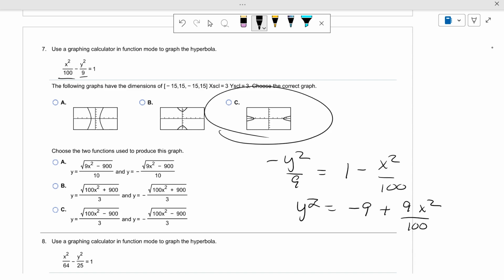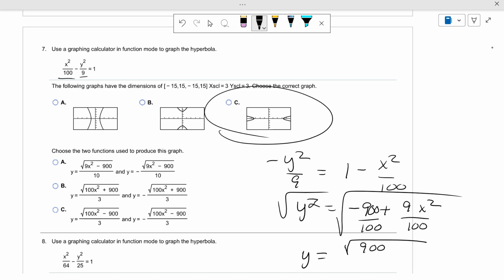And then get a common denominator, so this would be 900 over 100. Take the square root of each side. So y equals the square root of negative 900 plus 9x squared, over the square root of 100, which is 10. So 9x squared minus 900 all over 10, and then it's the square root of that.